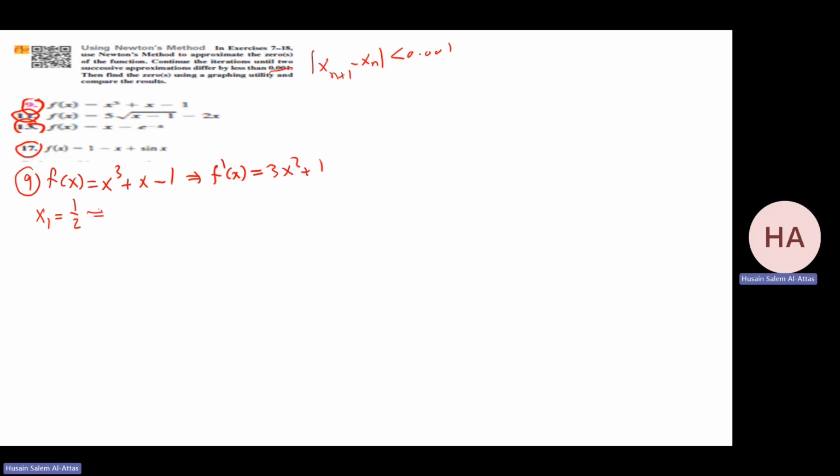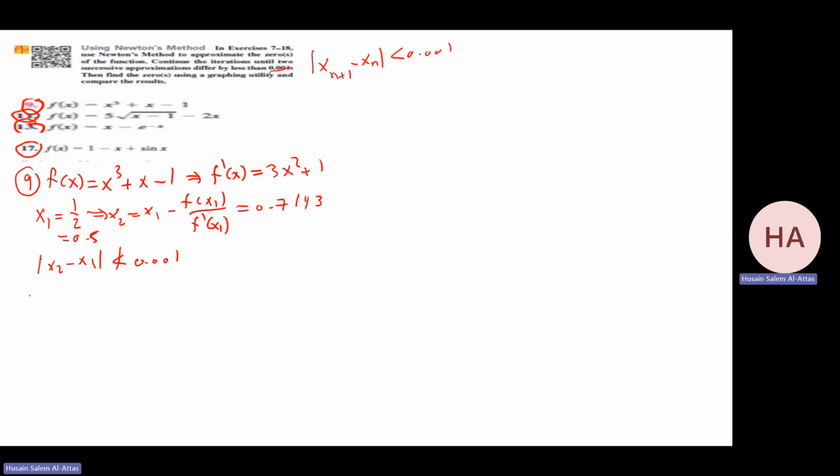So x2 will be x1 minus f of x1 over f prime at x1. If we do the calculations, we get 0.7143. This is 0.5. Very clear, x2 minus x1 is not less than 0.001.